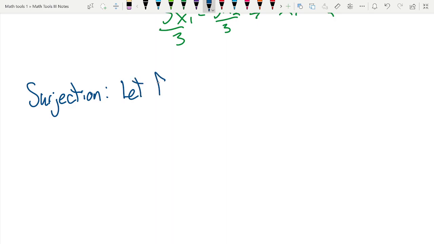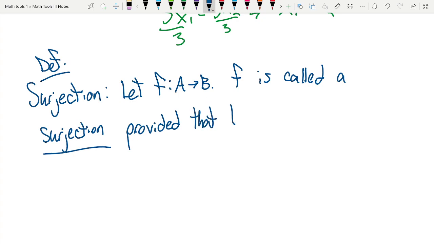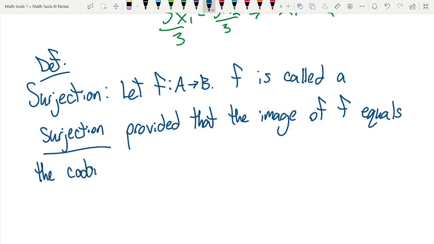Okay, so let f be a function from A to B. f is called a surjection, and I'll put this as a definition, provided that the image of f equals the codomain of f.